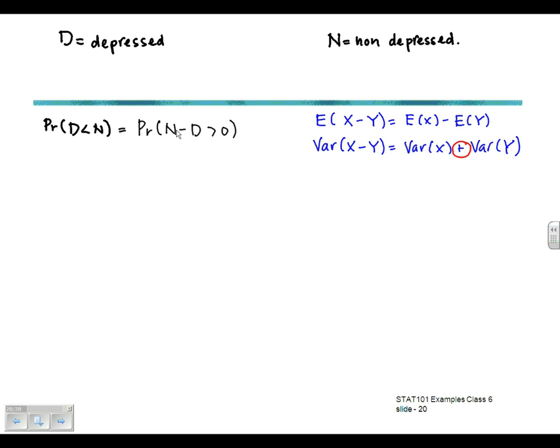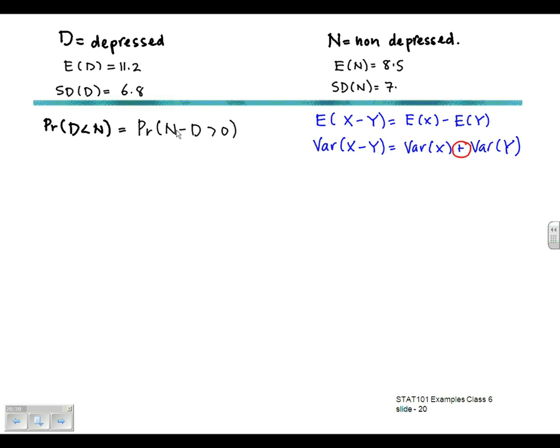So here, if we write down the parameters for D and N, we had here the depressed children had a mean value of 11.2, so the expected value of D is 11.2. The standard deviation for the depressed children is 6.8. And the non-depressed children, we have the expected value of N equals 8.5, and the standard deviation of N is 7.8.